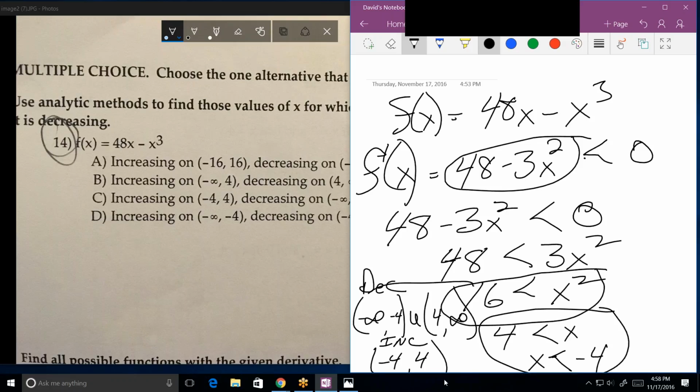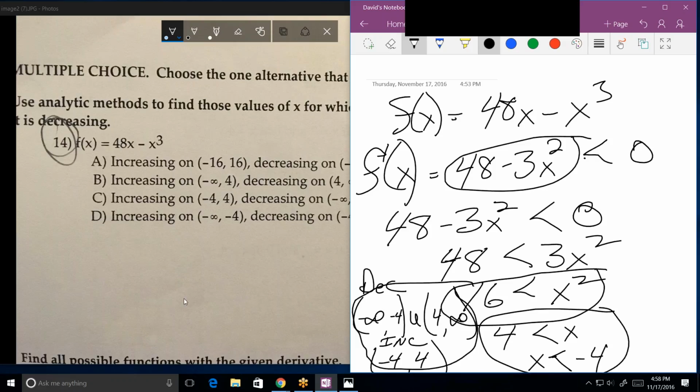So how did you know it was decreasing again? Is that just because the first derivative is less than 0? Yes, that's one of the key fundamentals: if a function is increasing, then its first derivative will be greater than 0. If a function is decreasing, its first derivative will be less than 0.